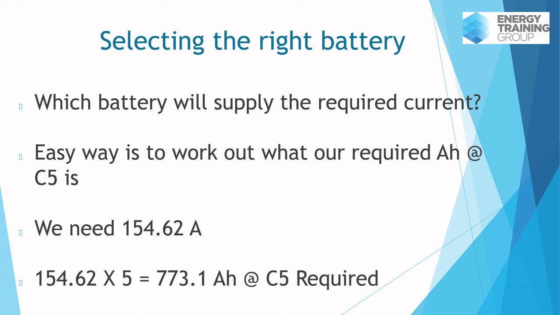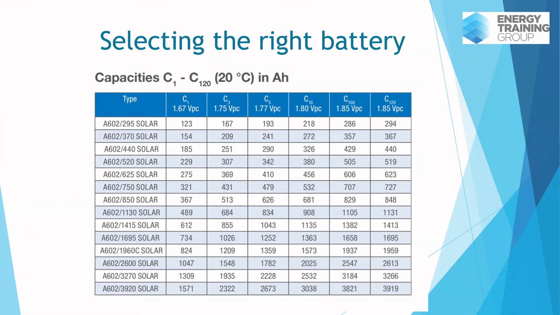Let's go back to our spec sheet and see if we can find a battery that has at least 773.1 amp hours in the C5 rating. Looking down our spec sheet, we can see there's one that does 834 amp hours at C5. At this stage we think the A602 1130 is going to be the battery we go with. That's going to be able to provide all the current and also have enough storage.